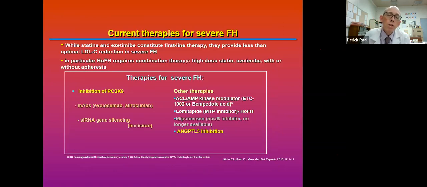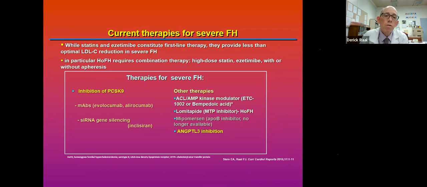So there are newer therapies. Unfortunately, they're not available in the state sector, but some of them are now available in the private sector. The most important new therapies are the PCSK9 inhibitors. We now have 2 monoclonal antibodies against PCSK9, called evolocumab and alirocumab.